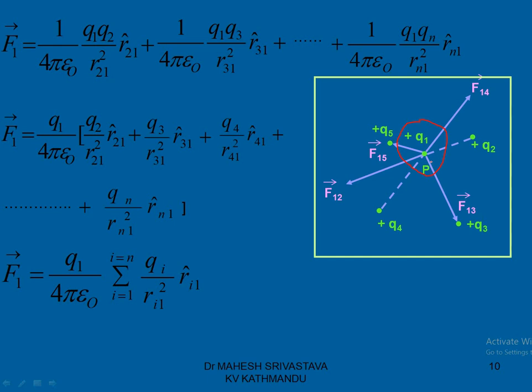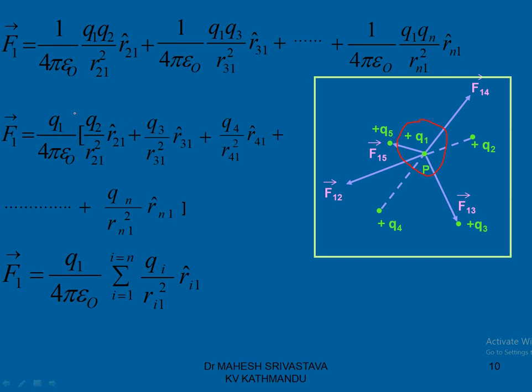Similarly, the other charges also exert their force on charge Q1, and we say that the nth charge exerts the force on Q1, 1 upon 4 pi epsilon naught Q1 Qn upon rn1 square rn1 cap, that is the direction. See, in this expression Q1 upon 4 pi epsilon naught is common, so you take it outside.